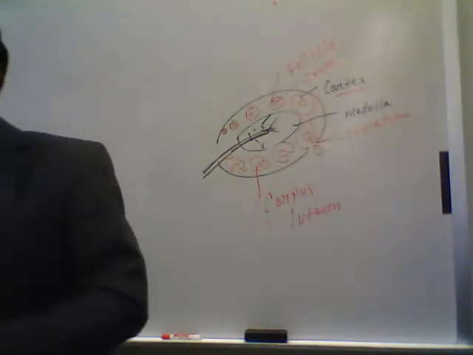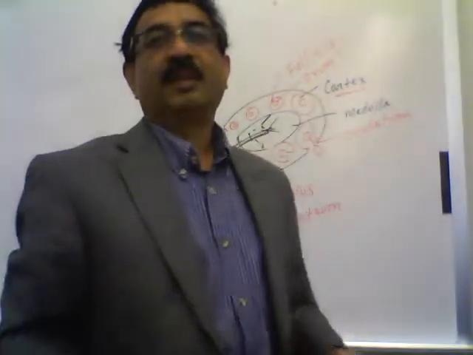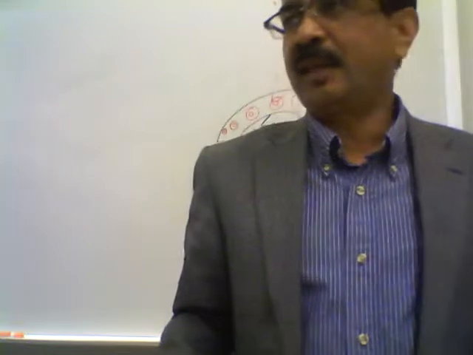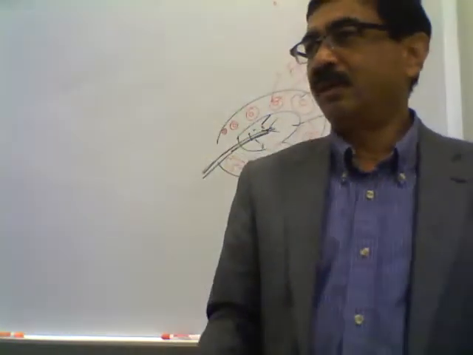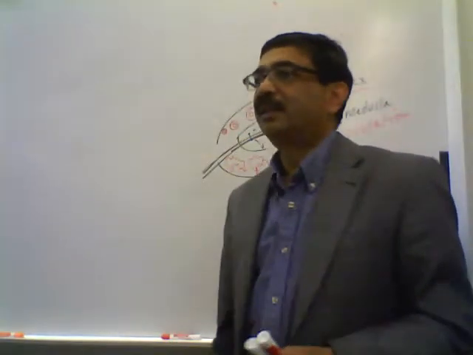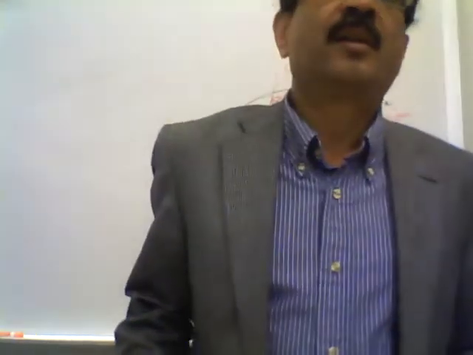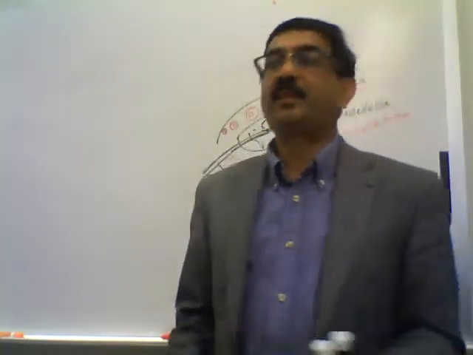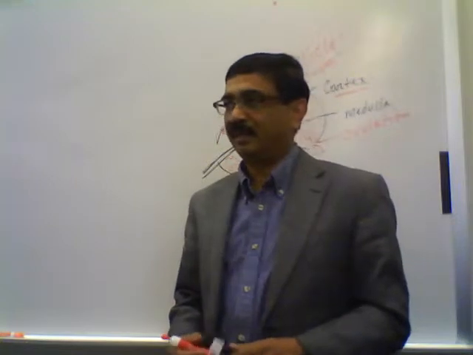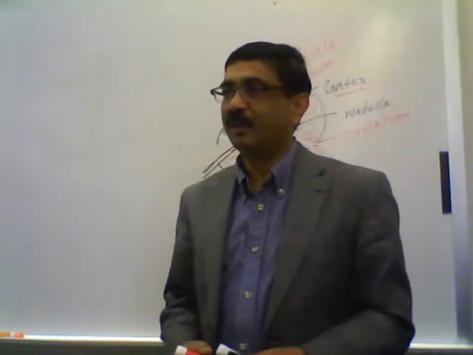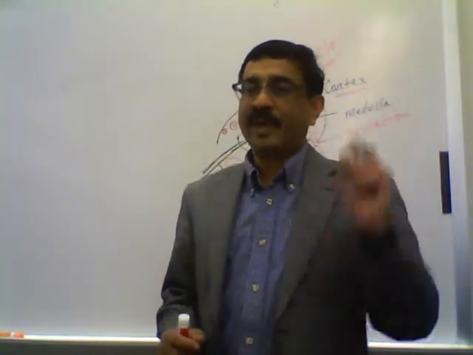Corpus luteum is a yellow colored structure that stays there and acts as a temporary gland inside the ovary. So corpus luteum acts as what?